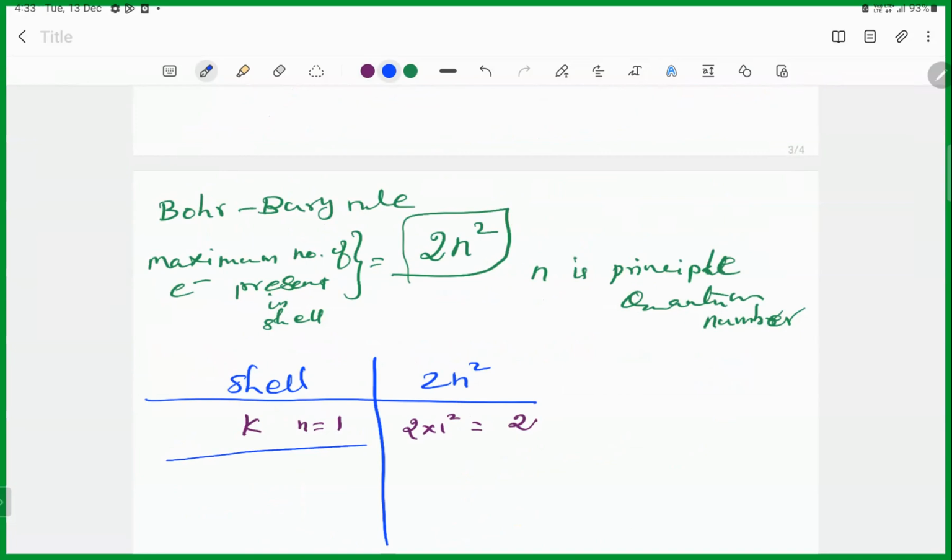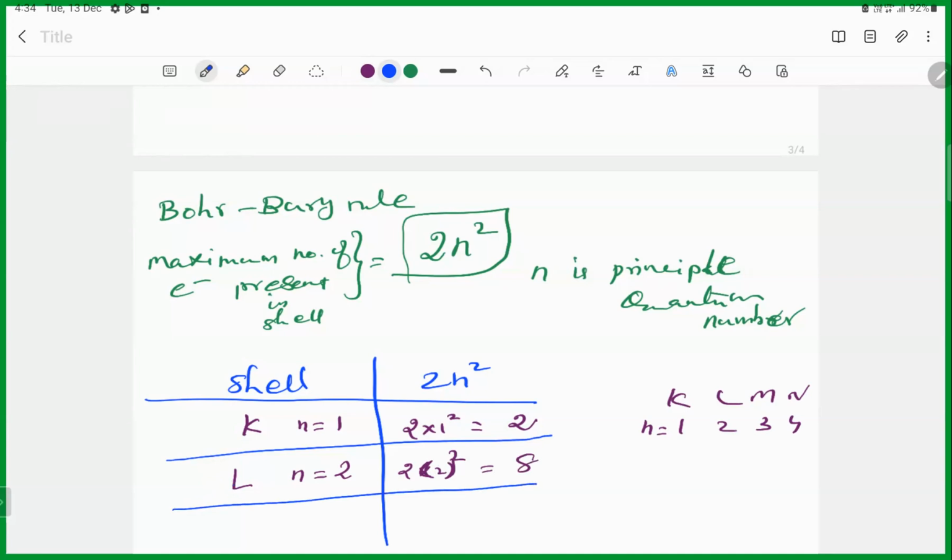Say yes or no. Yes, sir. And for the L shell, what is the n value? K, L, M, N are 1, 2, 3, 4. So n is equal to 2. So 2 into 2 squared, 2 squared is 4, 4 twos are 8.